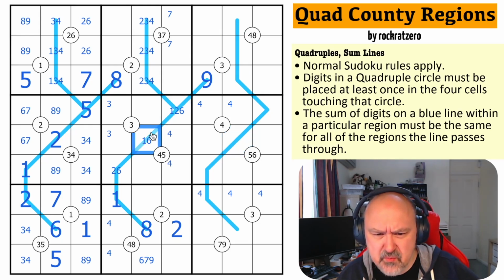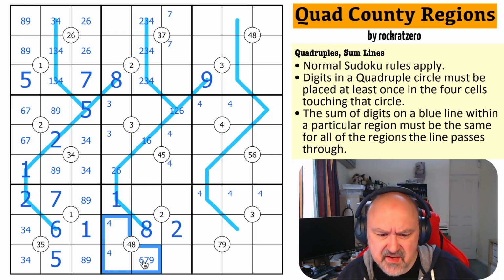I know 1 is in one of those two. I got the 2, 3, 4. That was cool. 7 is down here. So this has got 4, 7 in it, because the 7 here is pointing down. So 7 is not in those. So 4 and 7 are in here.